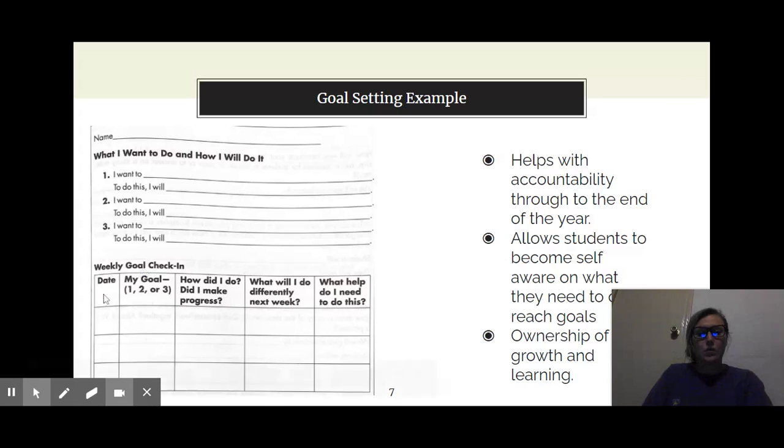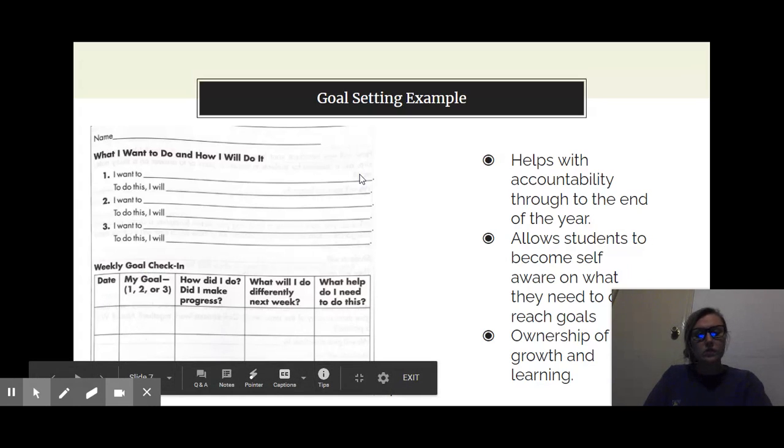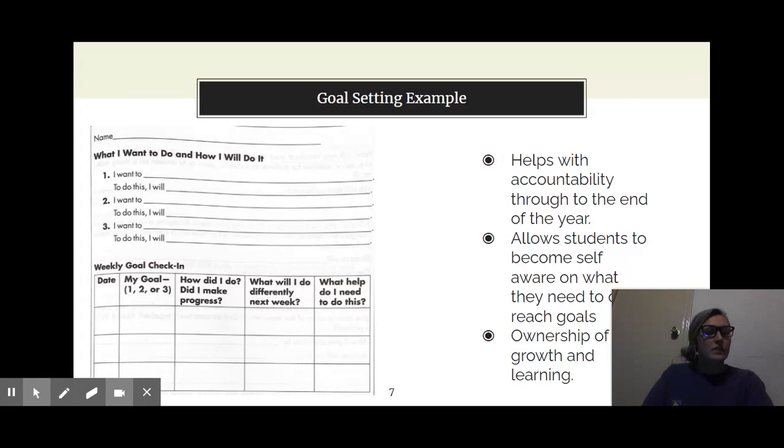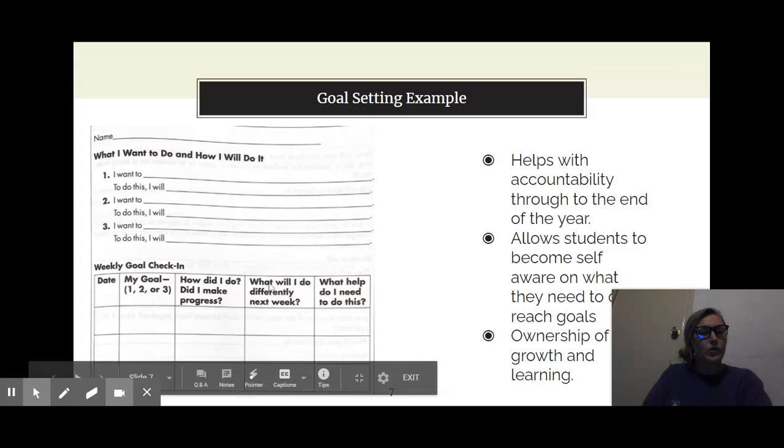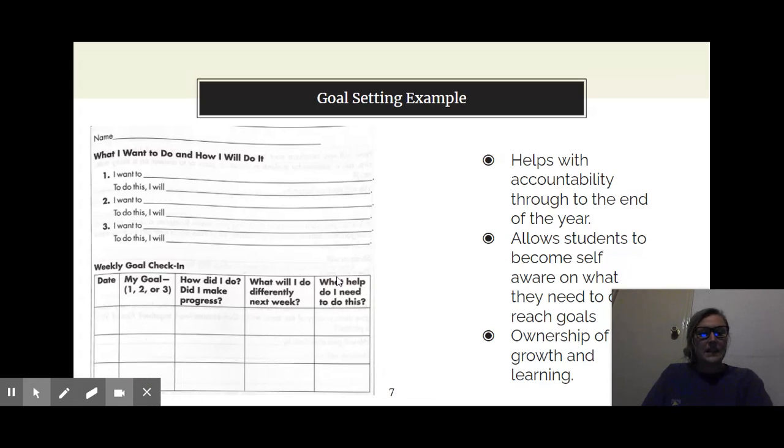Each week, the student will check in with their goals. They will document the progress they made and what they will do differently next week in order to make the progress if they did not. And then it also encourages students to ask for help with some steps that they need to complete this project.